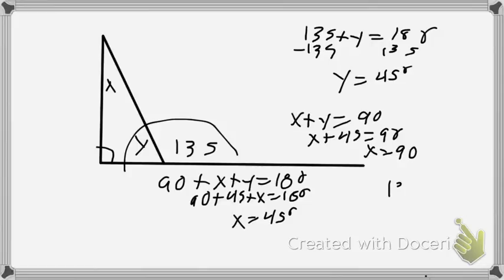Finally, I can use the exterior angle theorem. I know that the exterior angle is equal to the sum of the two remote interior angles. So I can say that 90 plus x equals 135. I subtract 90 from both sides. 135 minus 90 is 45.